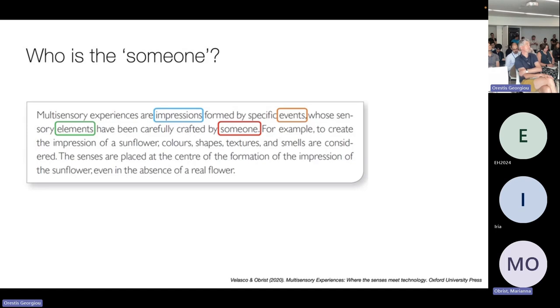And if you click one more time, what if in the future the someone is AI? And I mean, we don't even need to write future anymore, because AI is already doing it. If you even just try to ask ChatGPT to give you a multisensory narrative, I think it can already give you quite a nice narrative and story of how it could look.